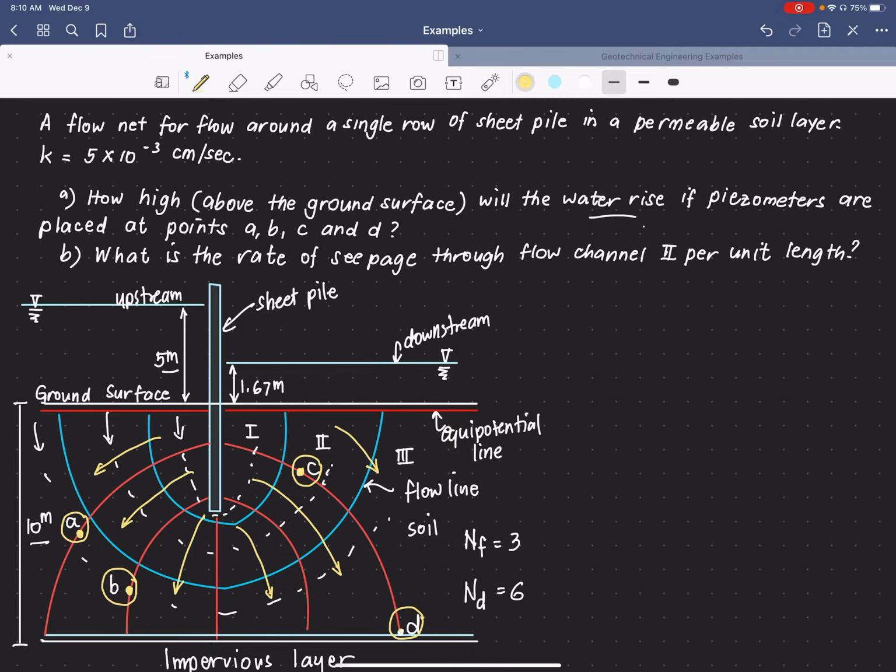So this is our second flow channel here. For this portion, what would be the rate of flow?